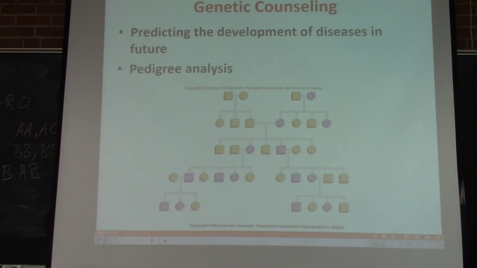In some conditions like hemophilia, or sickle cell, or many other diseases like that, if it runs in your family, it is very important to find out what type of genotype you are.